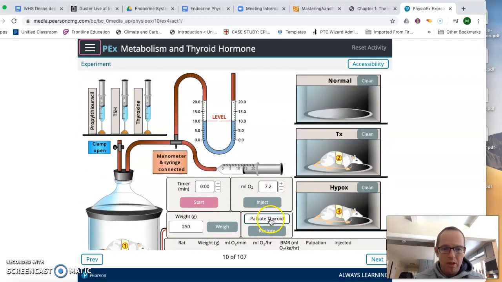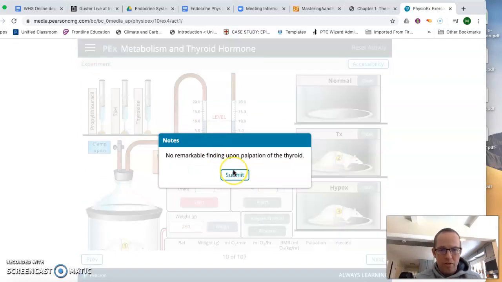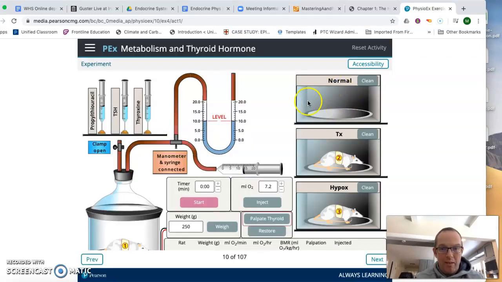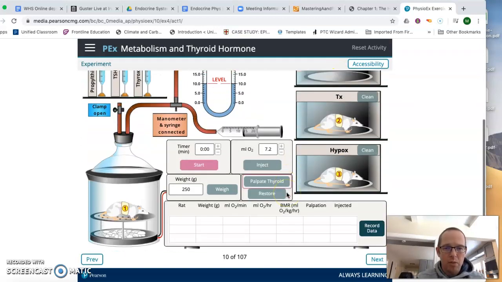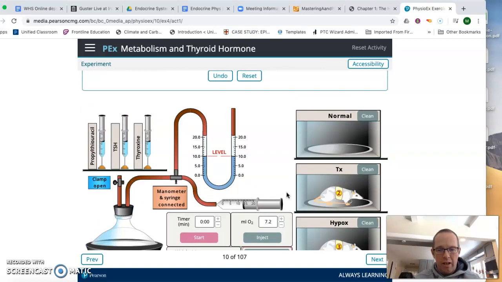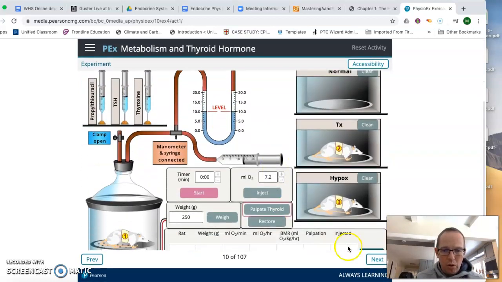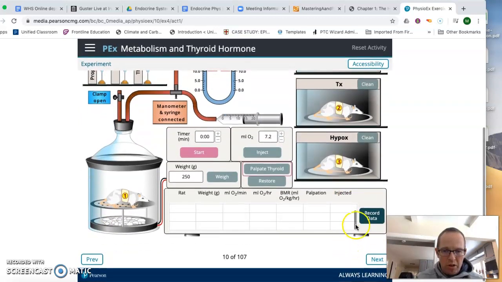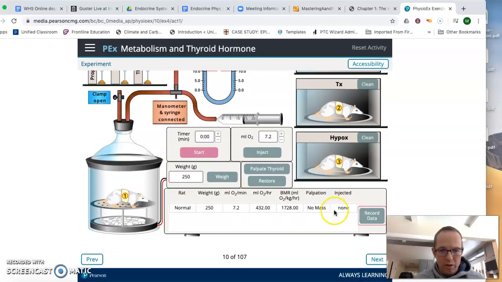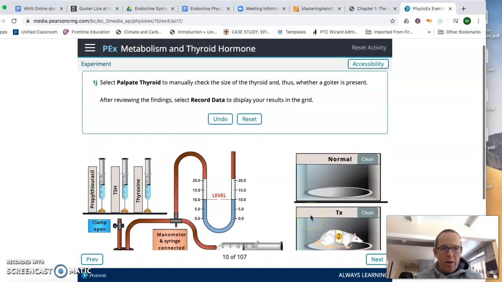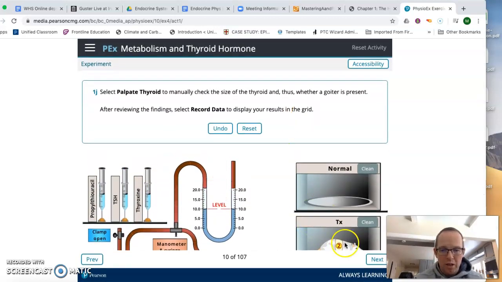So we're going to palpate the thyroid, and it looks like the thyroid's looking pretty normal, no remarkable findings, and that's to be expected since we have a normal rat here, meaning its thyroid is there and its pituitary works just fine. So now we are going to record all that data, and it's going to record everything that we just did.